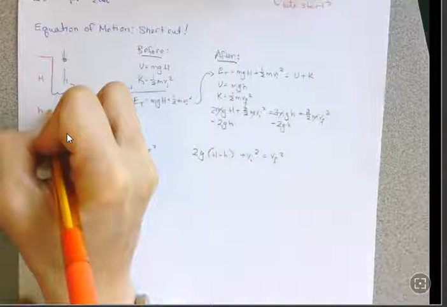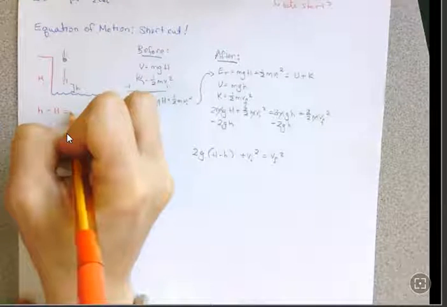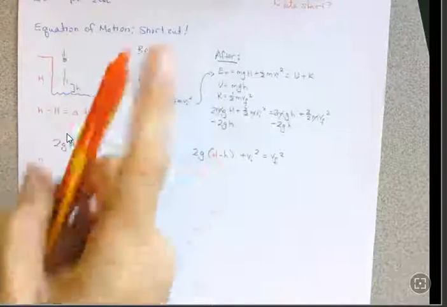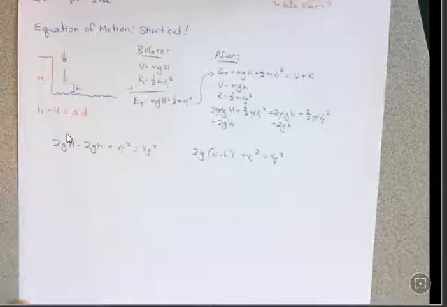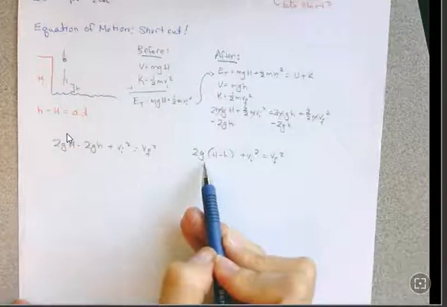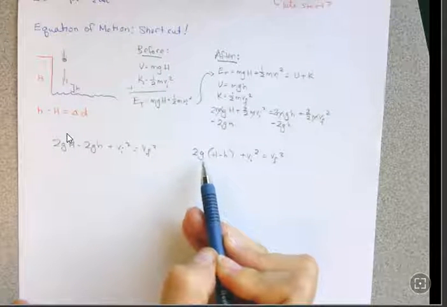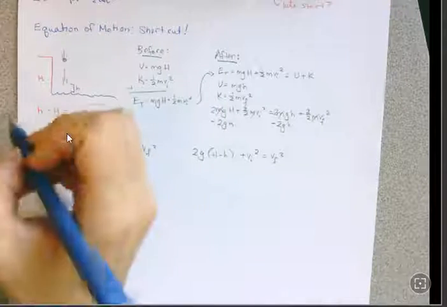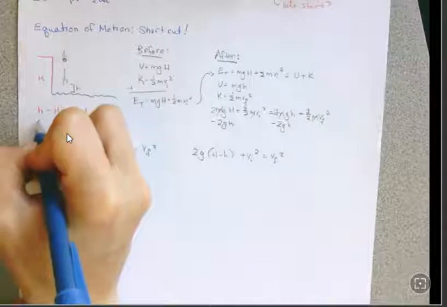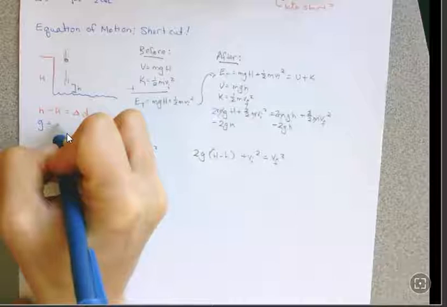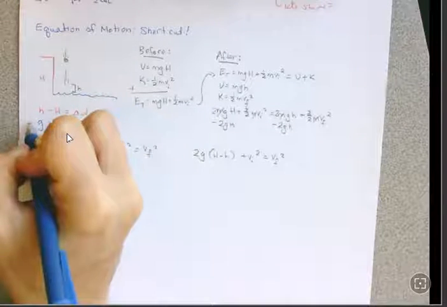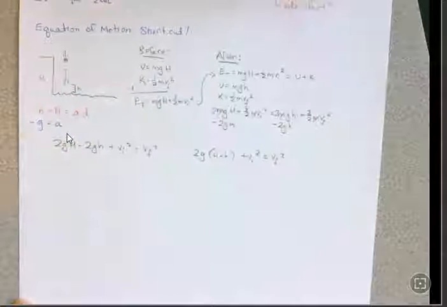Little h minus big H is your change in displacement. I see something else I recognize too. g. g stands for the strength of the gravitational field, aka the acceleration provided by gravity. Gravity is what's accelerating us. Only it's accelerating us in the downward direction.